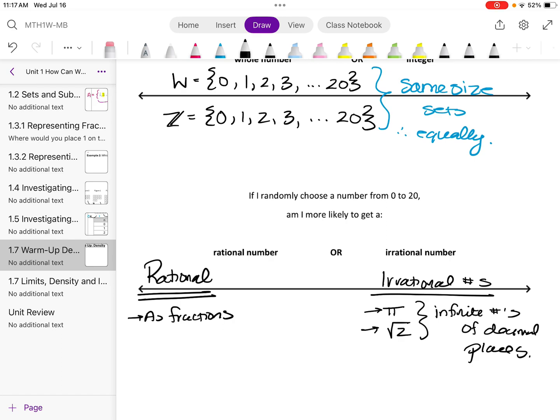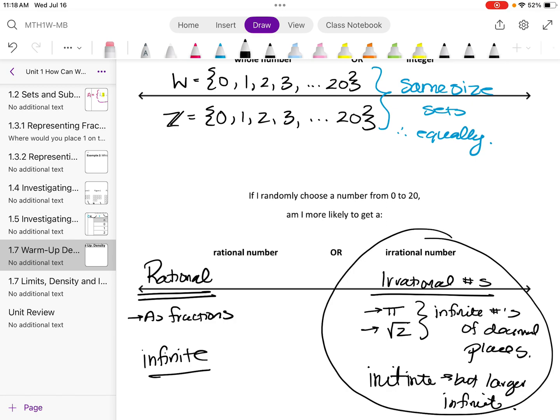We call these infinite because there's no way that I could list them all. Irrational numbers also have infinite, but a larger infinite, because there are many more values in this set than in rational numbers. So in this case, irrational numbers would be more likely to get selected.